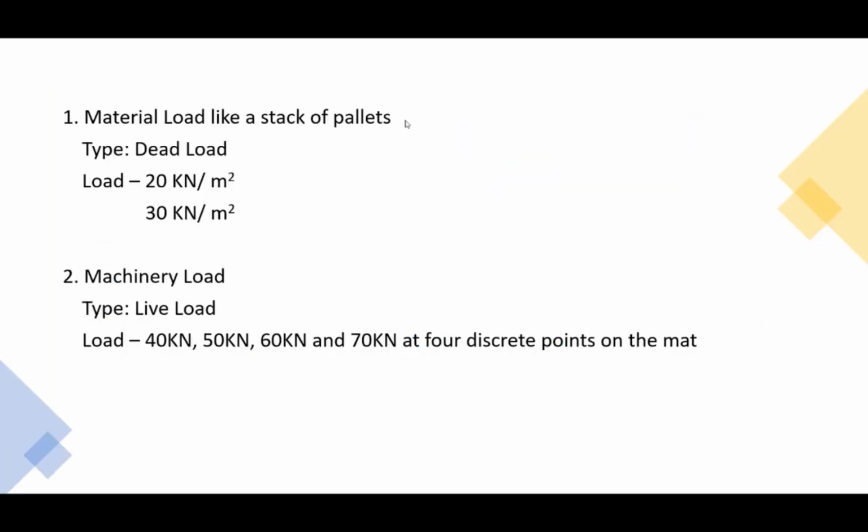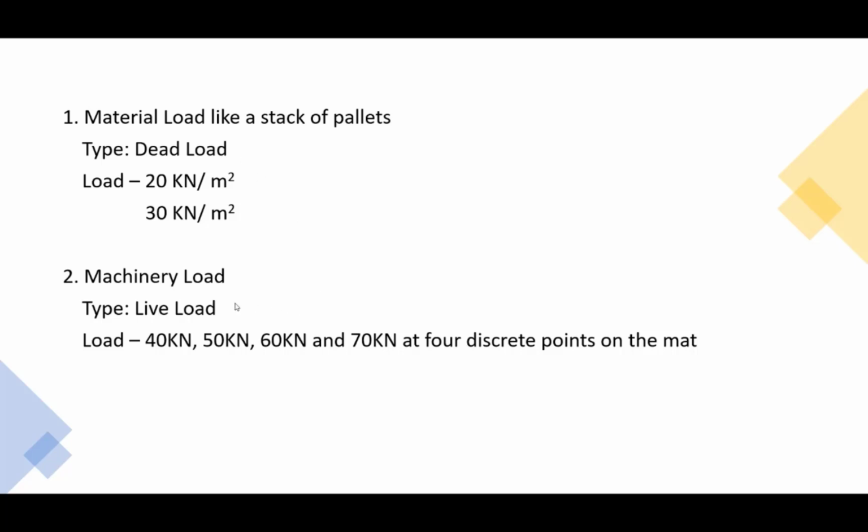In this video, we will be creating two different loads. The first load will represent the material load, while the second load will represent the machinery. The material load will consider 20 kilonewtons per square meter or 30 kilonewtons per square meter, depending where you are on the mat foundation.